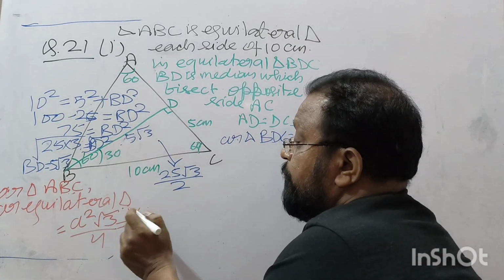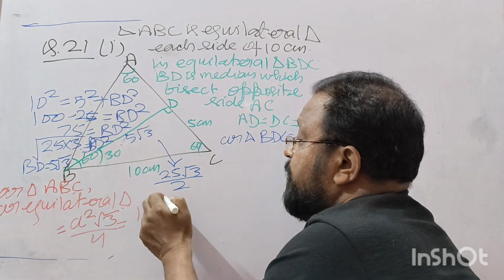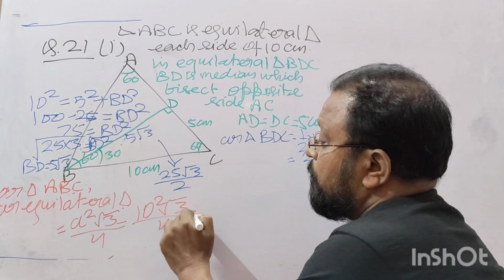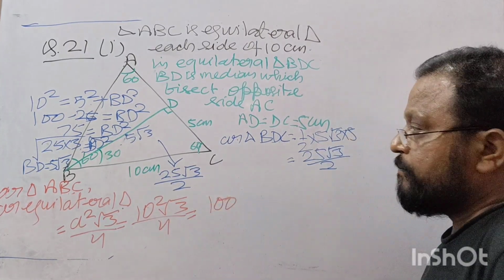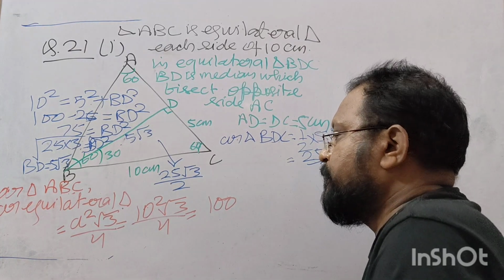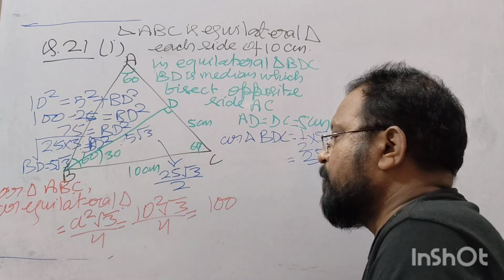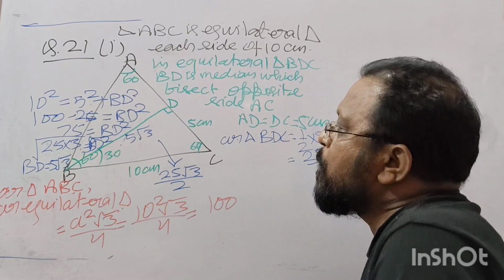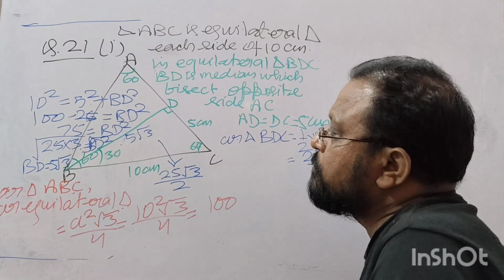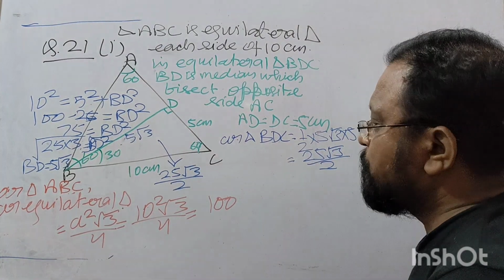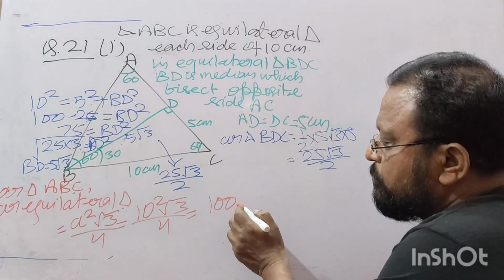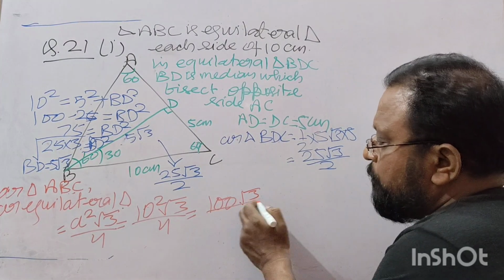So 10 square root 3 by 4. It becomes 100 root 3 by 4.